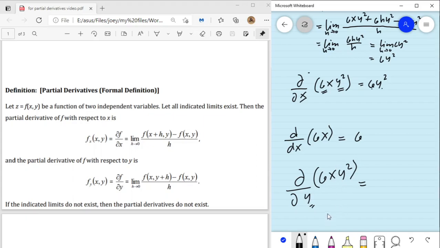That is the same as deriving, just for analogy, 6y squared, an ordinary derivative with respect to y.